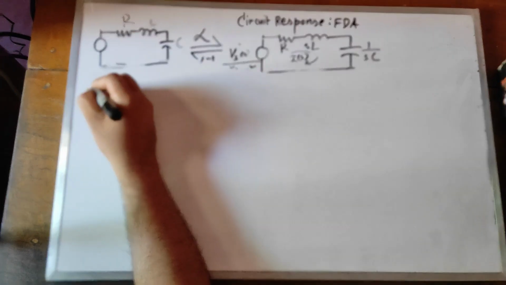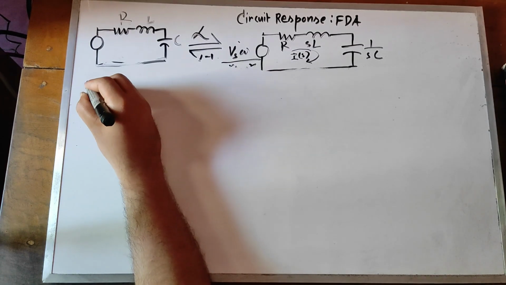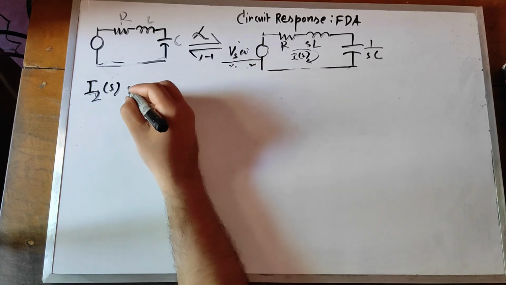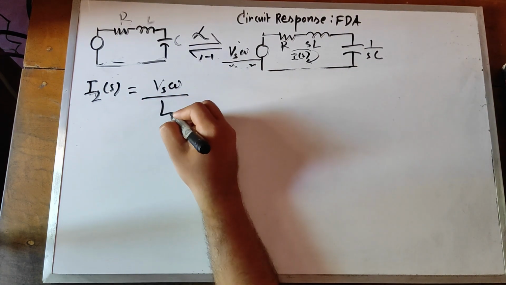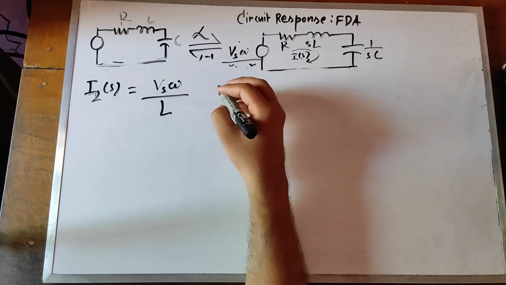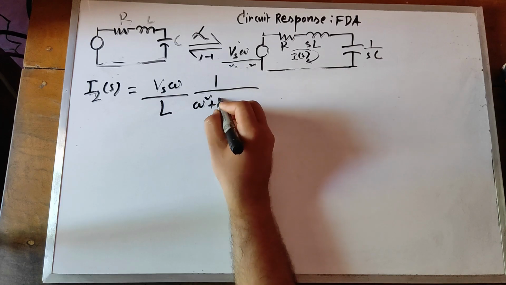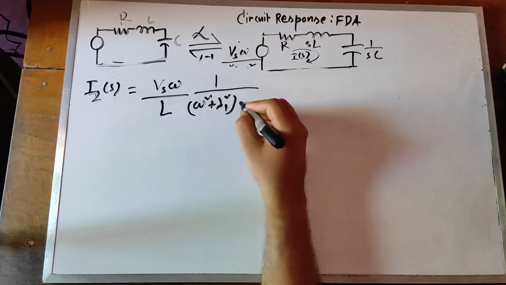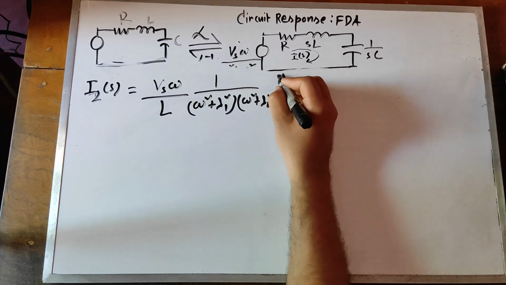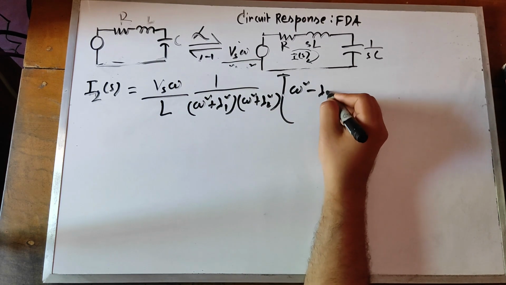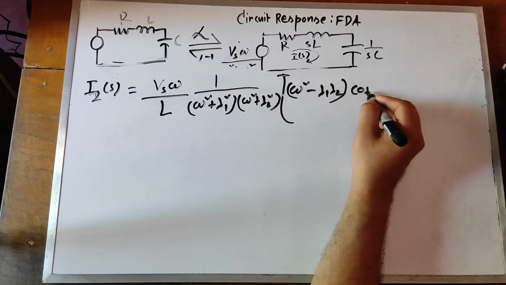So our steady state part, say I2, in the current response equation is Vs omega by L, 1 by omega squared minus lambda 1 squared omega squared plus lambda 2 squared omega squared minus lambda 1 lambda 2 cos.